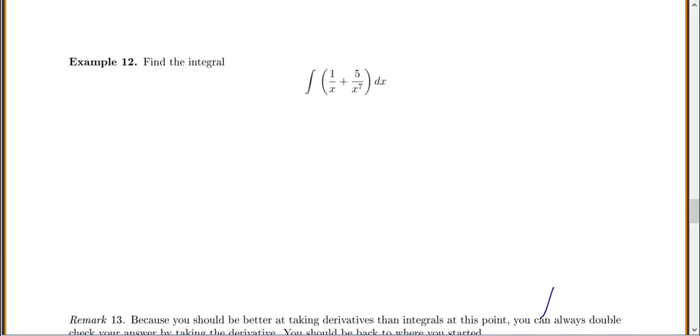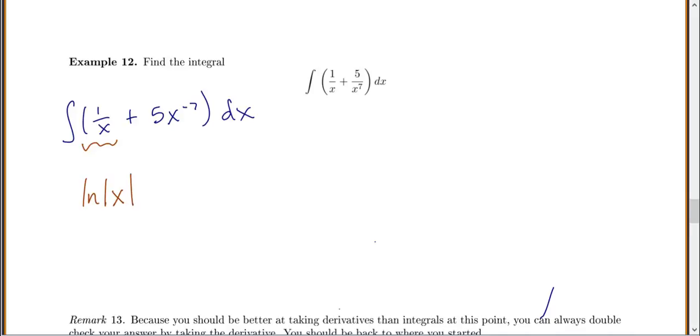So like for this example, I'm going to first rewrite this integral as the integral of, well, we'll keep that 1 over x plus 5 times x. I'm going to write it as x to the negative 7 dx. Now when I do this, I'm not going to write out every step. Okay, instead I'm going to say, what's the integral of 1 over x? This one you just have to memorize. The integral of 1 over x is the natural log of the absolute value of x.